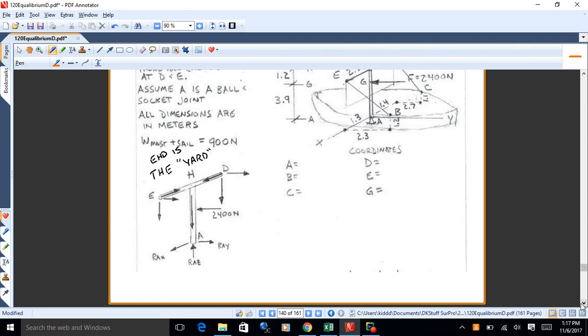The first thing I do is get those coordinates filled in. You have the dimensions on that sketch.